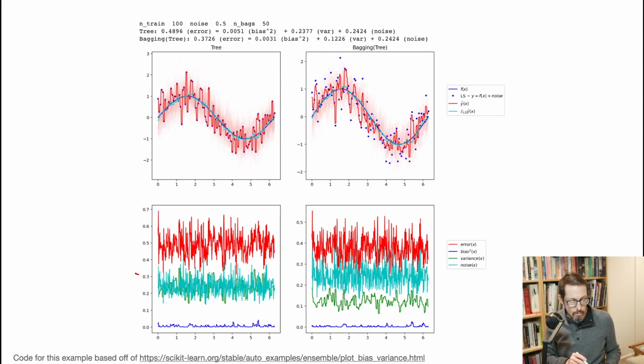So if we bag up, we have 50 elements in our bag, in this case, 50 different classifiers. What do we see? Let's look at those dark red lines there. If you compare left and right, you'll see out here, the single tree heads all the way to this point here.